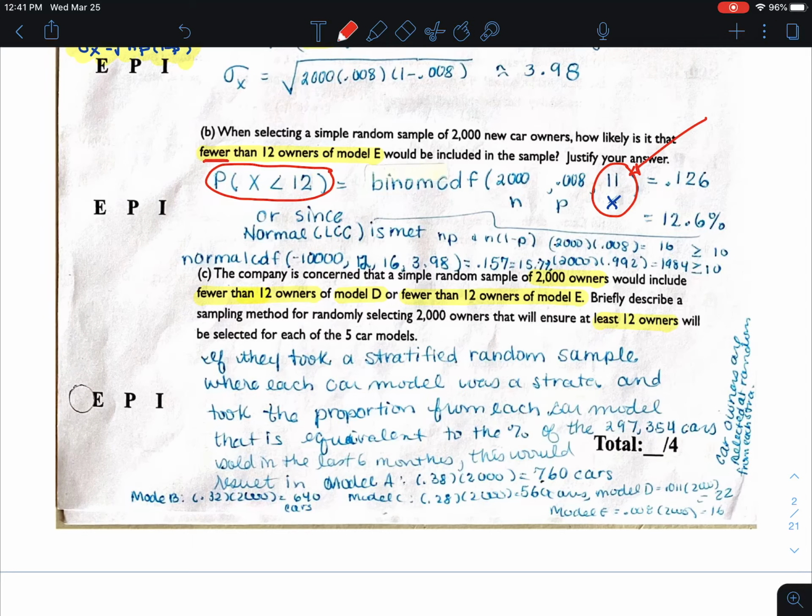Okay, and so I am describing taking a stratified random sample where each car model is a strata or a group. Okay, and we're going to take a proportion from each car model that's equivalent to the percent of the 297,354 cars sold in the last 6 months.